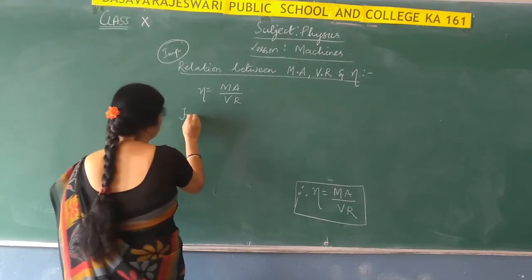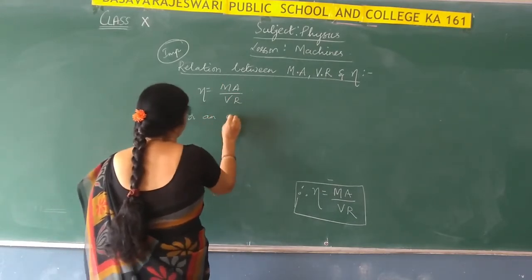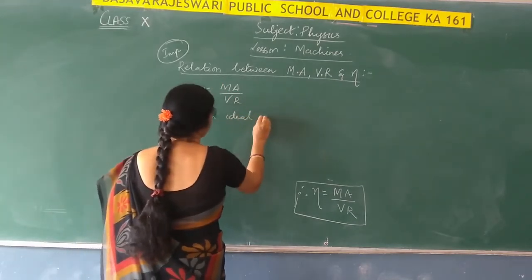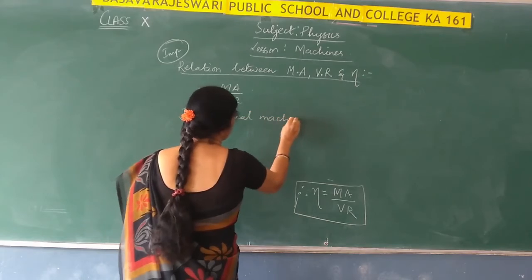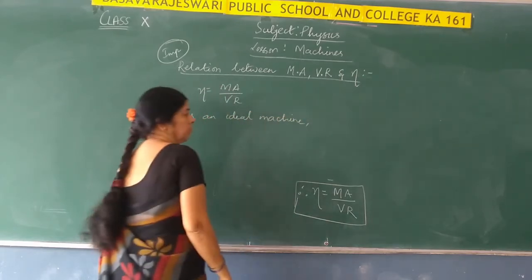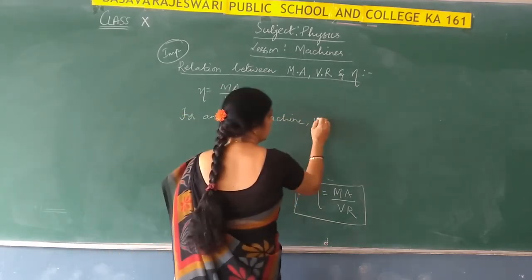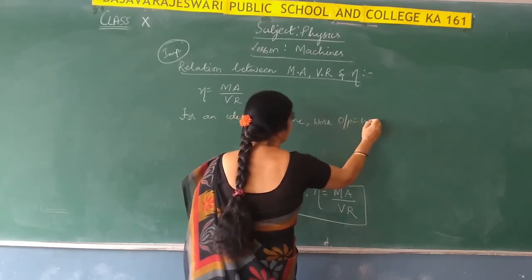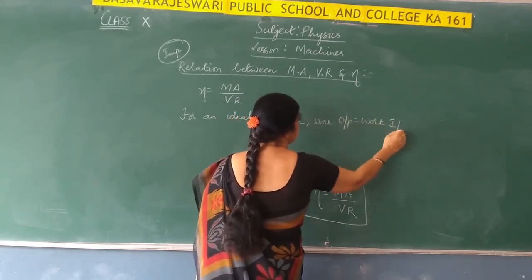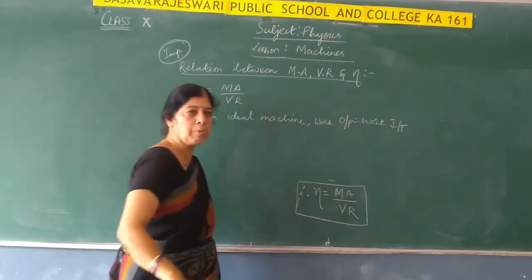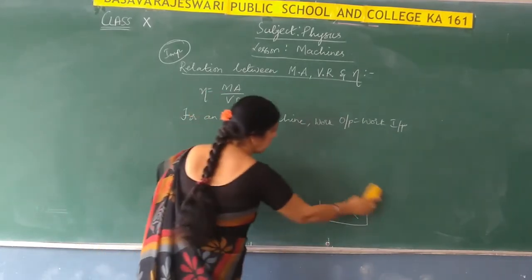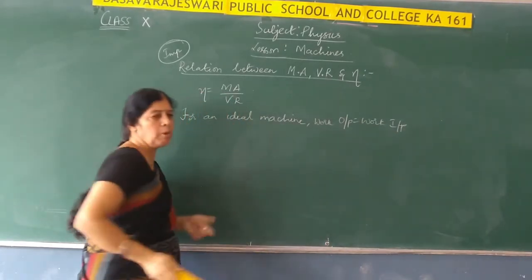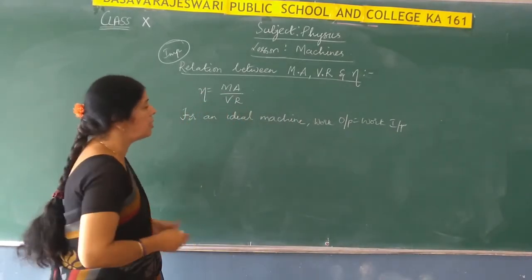Now for an ideal machine, what we have learned is that work output will be equal to work input. If both are equal, then what will be the efficiency?